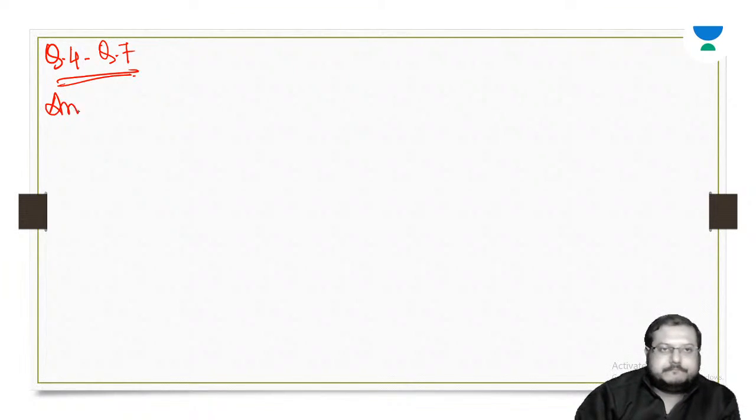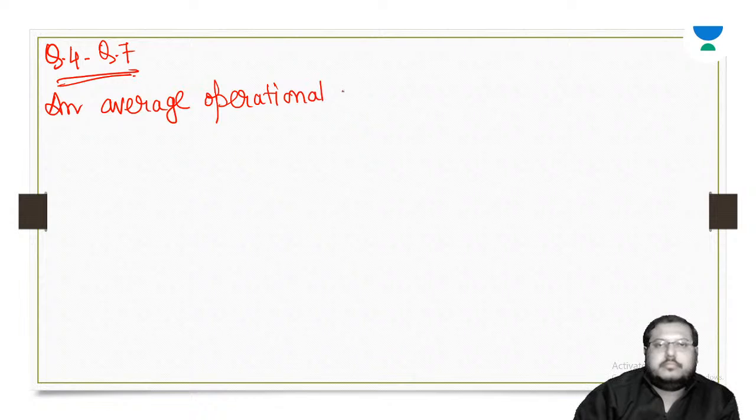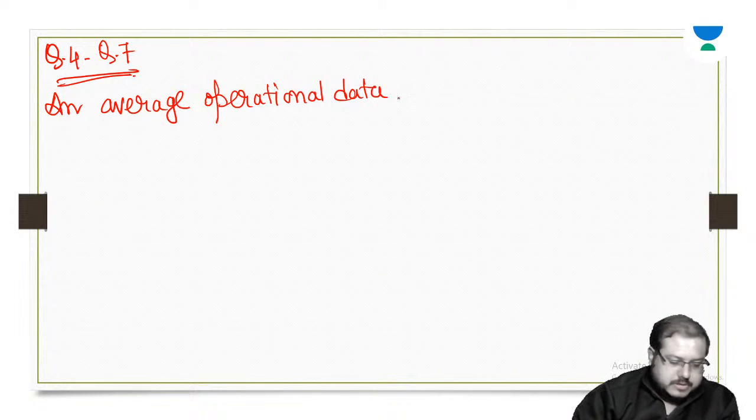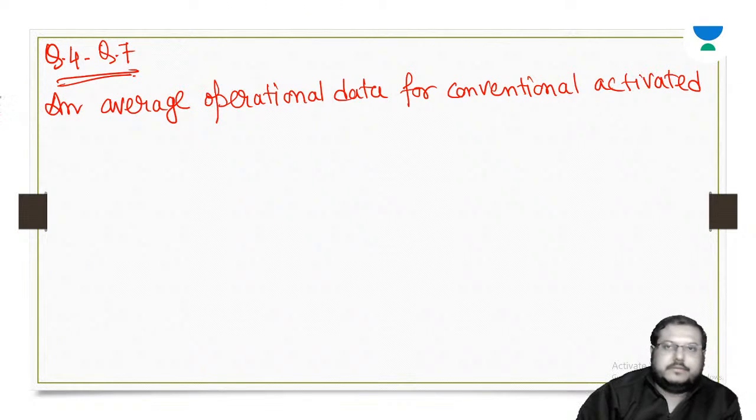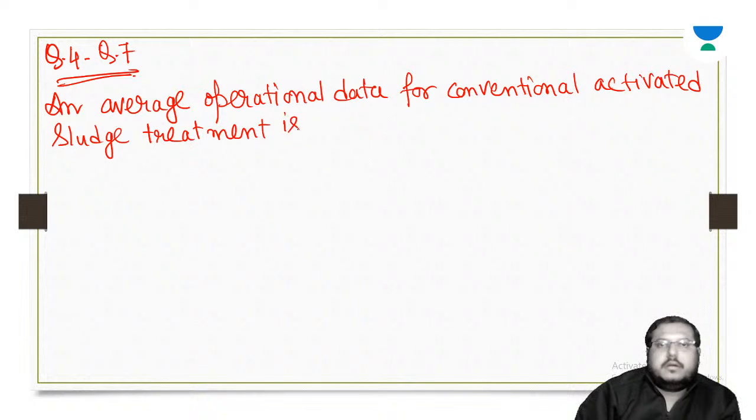And average operational data for conventional activated sludge treatment is as follows.